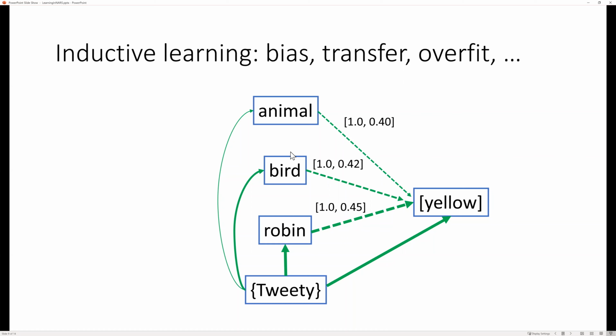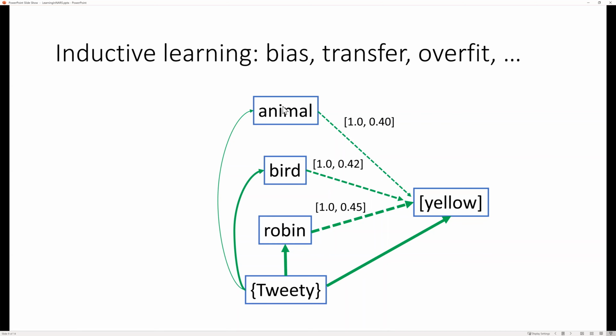So that also addresses another issue studied in machine learning, the so-called transfer learning. Okay. In NARS, actually, there's no such thing as transfer learning, because all learning, by definition, can be transferred. In this case, you'll see that here you're going to transfer your knowledge about Tweety to all robins, and at this level, you're going to transfer it to all birds.